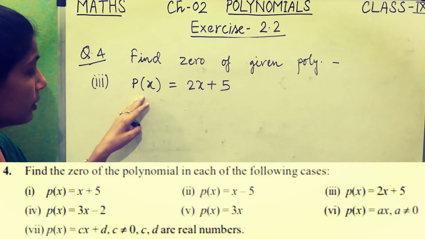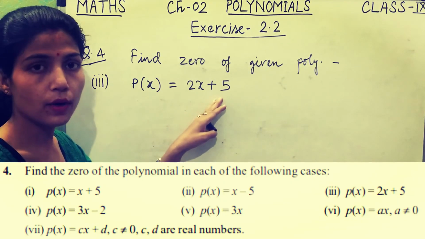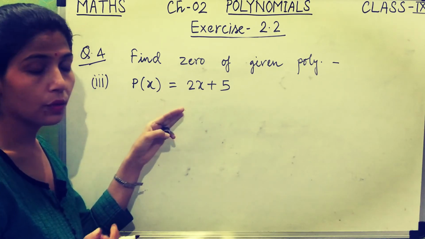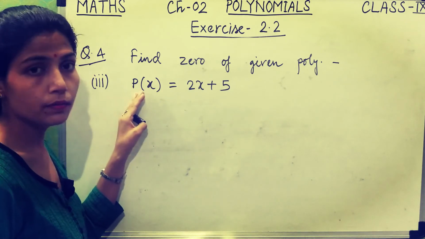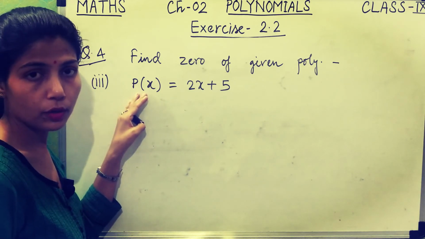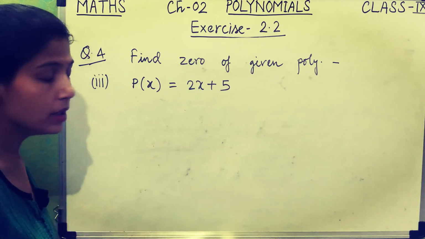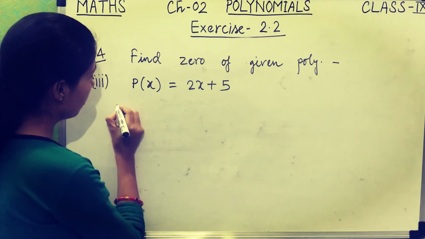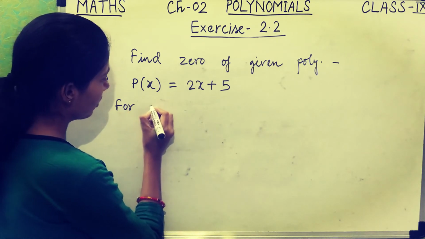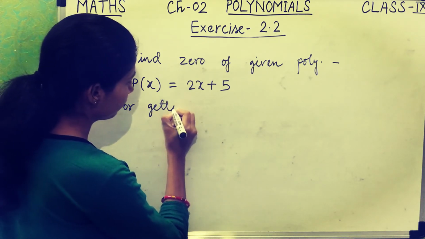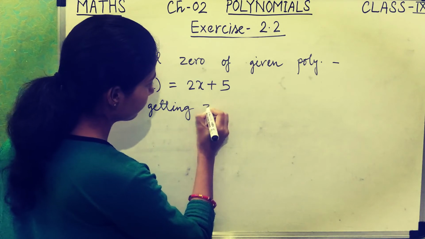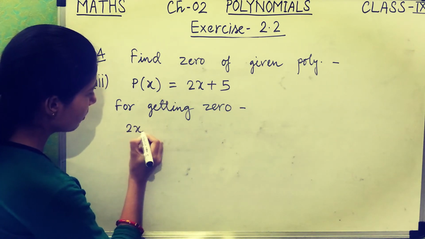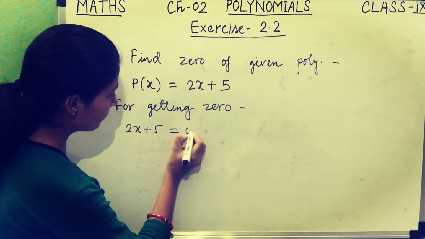Okay, now the given polynomial is 2x plus 5 in this third part, and you have to find its 0. For getting 0 you have to make this polynomial a polynomial equation by equating it with 0. So you will write, for getting 0, equate 2x plus 5 with 0.